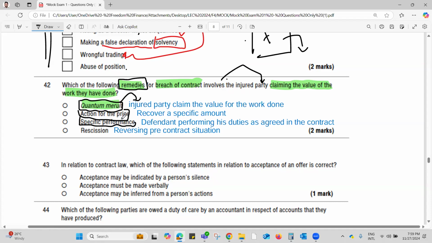If you agree to that and you don't satisfy it, then you need to pay back all my money. So I will be in a position where I have not lost my money, or I have not invested my money at this point. I just gave you a random example to understand. But you should know these remedies and their definitions. Then only will it be easy for you to tackle questions tested from this area.